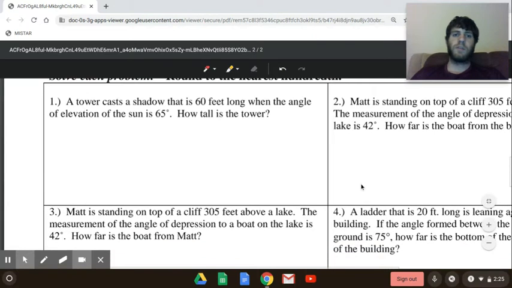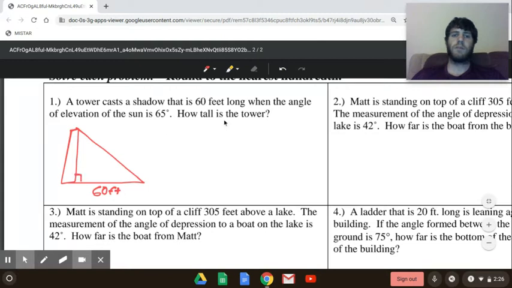So number one, you have a tower that casts a shadow that is 60 feet long. So we have some sort of tower. It's going to cast a shadow that is 60 feet long. Shadows are on the ground, so there is your 60-foot shadow on the ground.